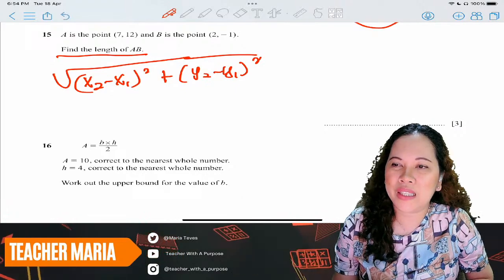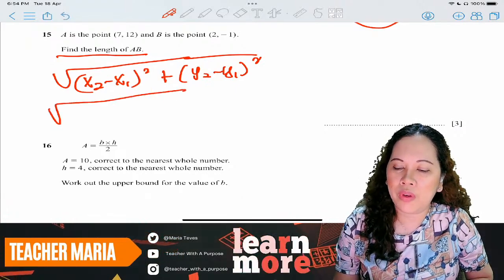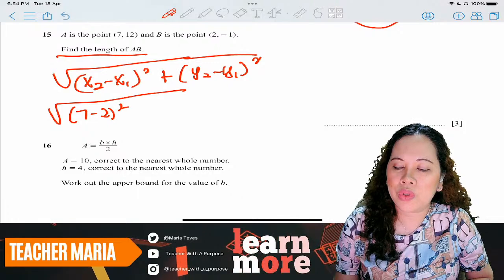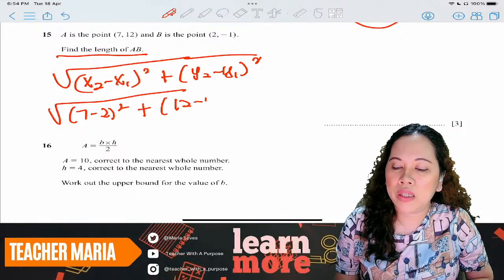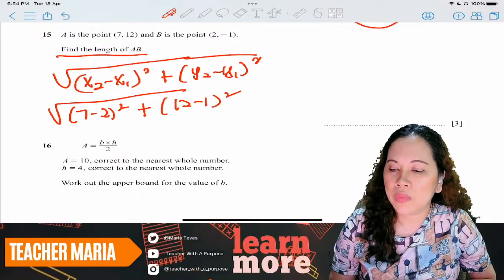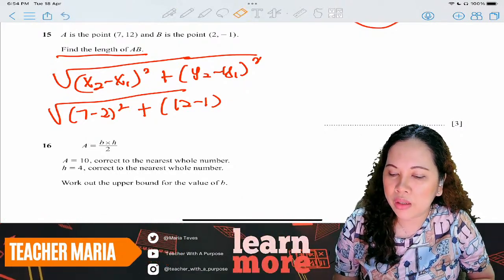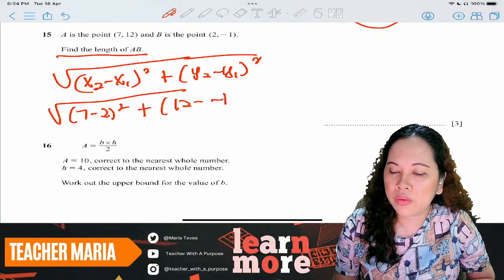So all you need to do is substitute everything. Square root of (7 minus 2) squared plus (12 minus -1) squared.